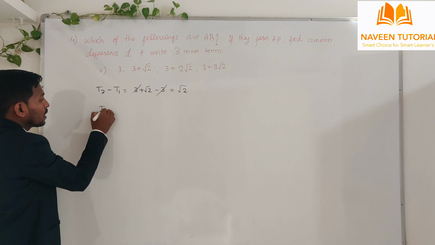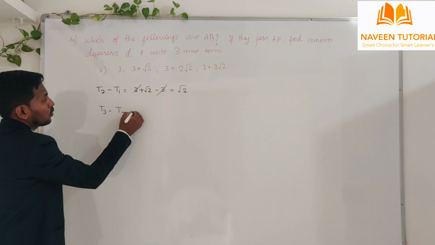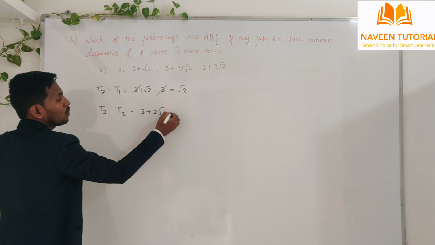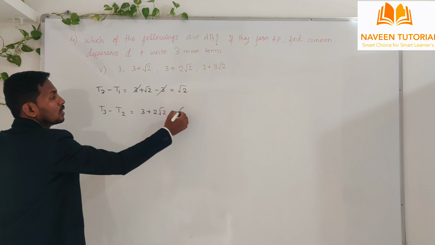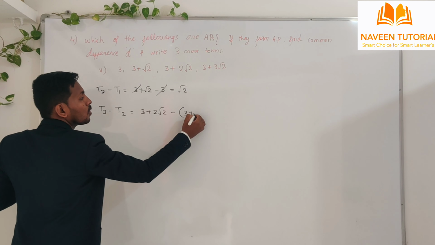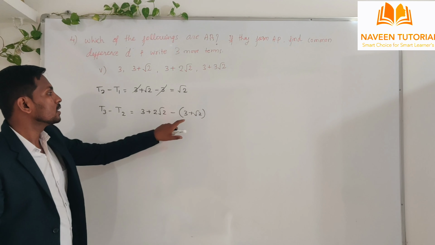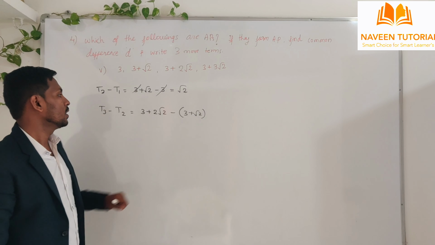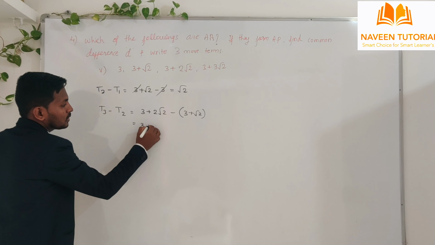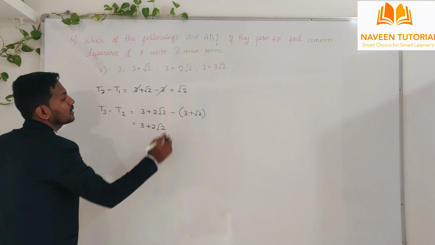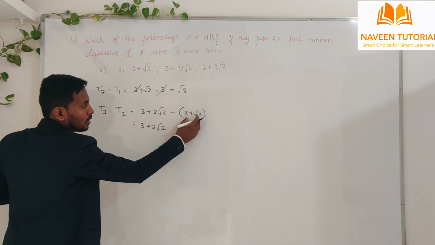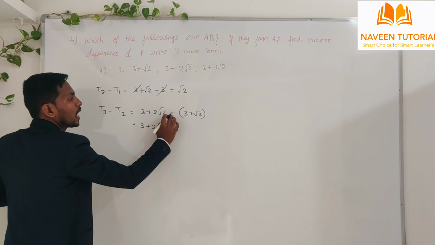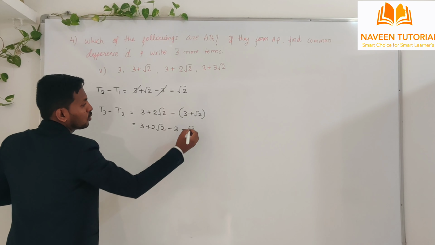Now T3 minus T2. The T3 value is 3 plus 2 root 2 minus the bracket of 3 plus root 2. You have to write this binomial value in brackets. Now 3 plus 2 root 2 you have to write as it is. Now do multiplication with each of the terms in the bracket. Minus times plus is minus 3, and minus into plus is minus root 2.